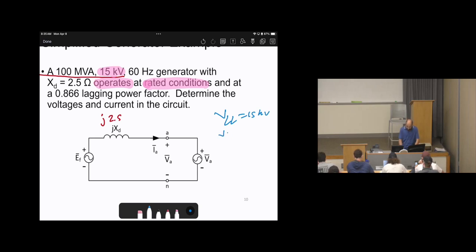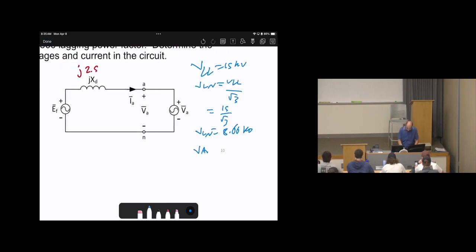So V line to neutral equals V line to line over root 3. Then it will be 15 divided by root 3, which is 8.66 kilovolts. This is V line to neutral. How to find VAN? Using the famous formula, we have done this many times, it is 8.66 angle 0 degrees kilovolts. Keep in mind kilovolt means times 10 to the power 3. That's VAN.